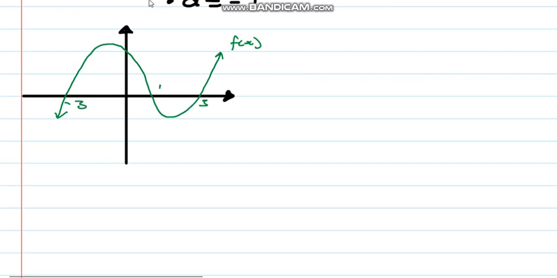Now, these are solutions. If you want to imagine them as factors, you have x is equal to -3, x is equal to 1, and x is equal to 3.